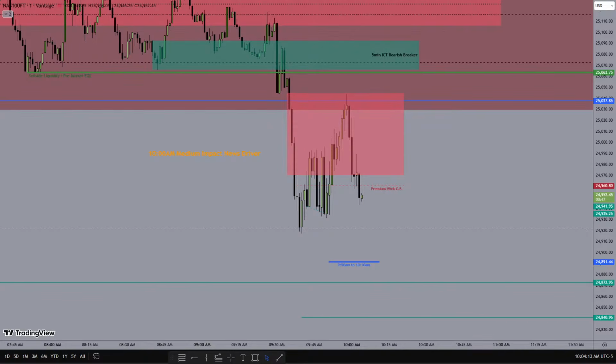It's really slipping lower. So they're basically both trading in the same direction.